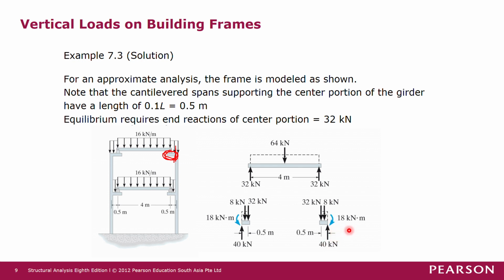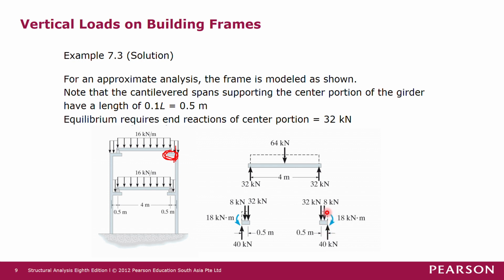If we sum total forces in the vertical direction and take upward as positive, then this force minus 32 minus 8 should be equal to 0. So this force is 40 kilonewton positive, meaning the assumption that it is going upward is correct in the first place.